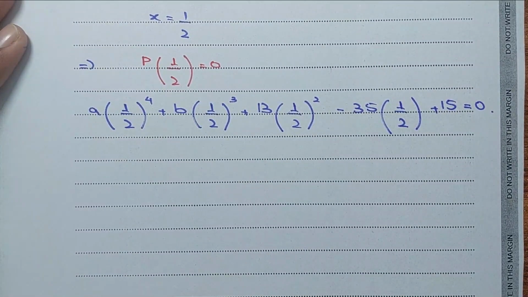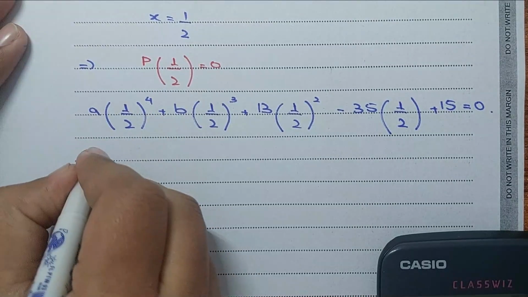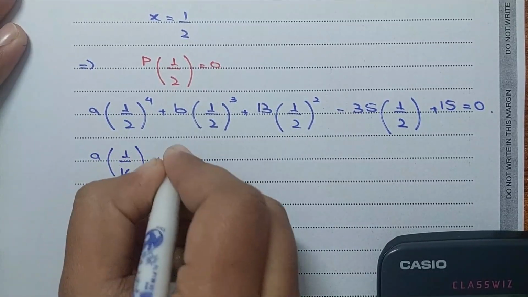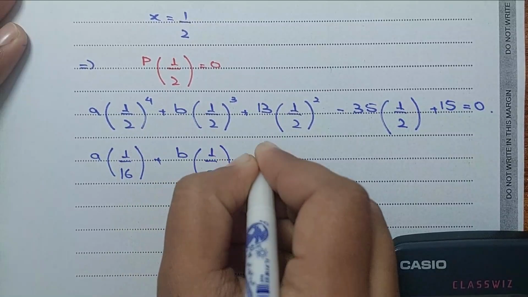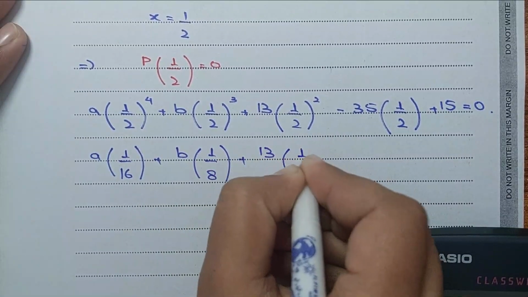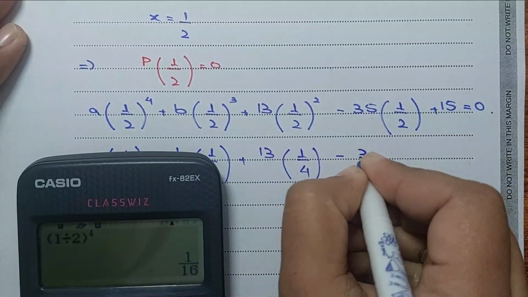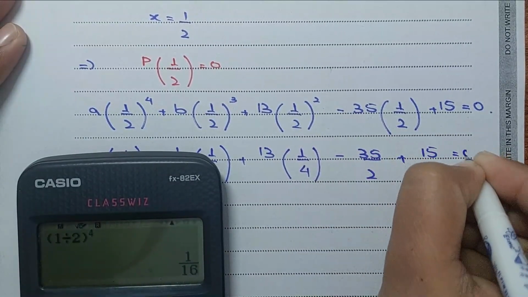Okay, 1 by 2 to the power 4 is 1 over 16, so a over 16, b over 8, 13 over 4, minus 35 over 2, and plus 15 equals 0.